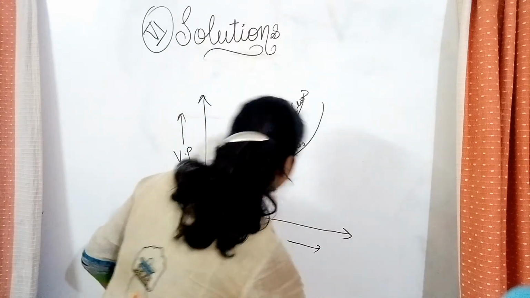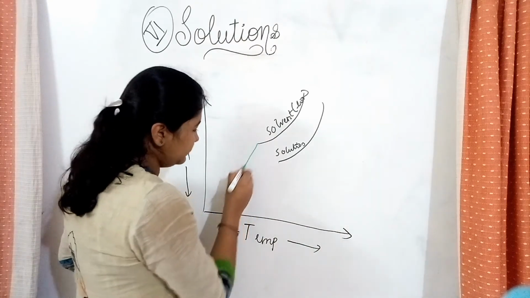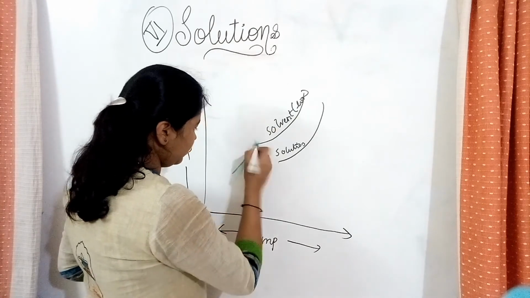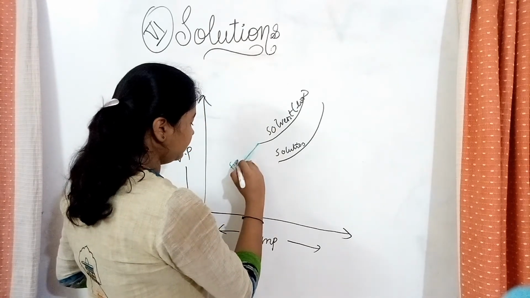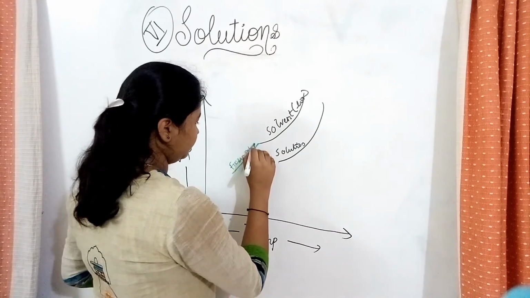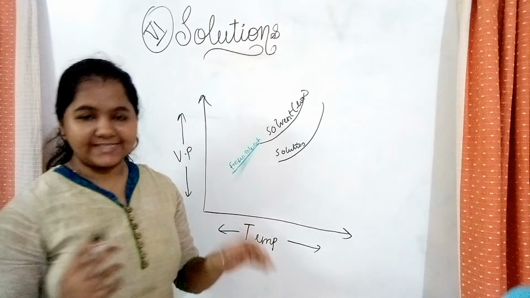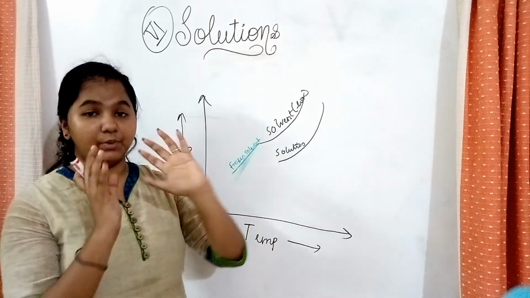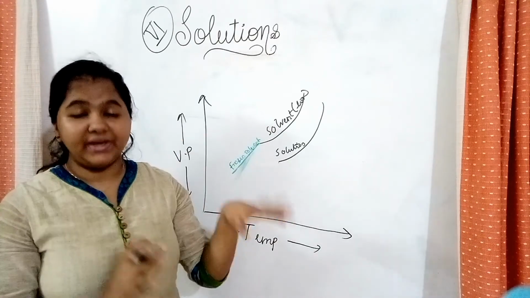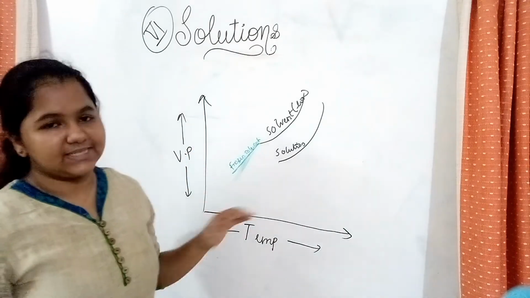Before completely drawing the solution, let me show you this point. This line shows the frozen solvent. What did we say? When the vapor pressure of the solution in both liquid and solid states comes to an equal value, only then can you say it has started freezing.